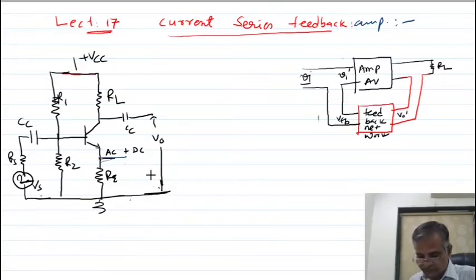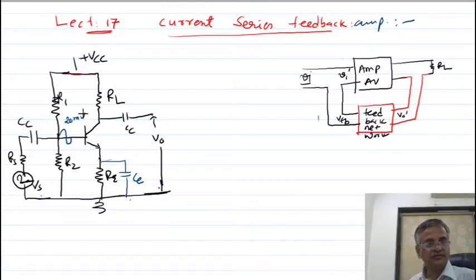Look here. Suppose the capacitor is connected, and your AC input voltage, I say, is 20 millivolt. Now this is removed. So at this point you are getting AC plus DC.